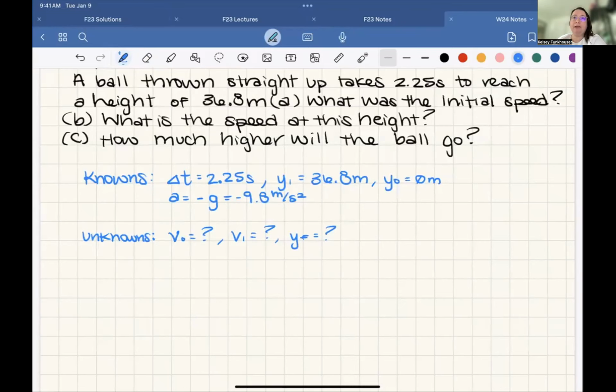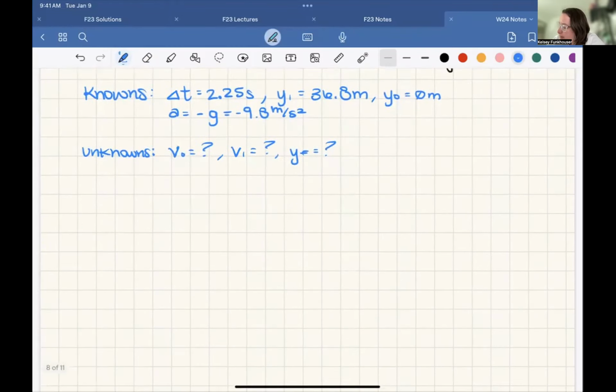Then we can look at our kinematics equations again. So let's write those down. We have V final equals V initial plus acceleration times the time interval. Then we have the long kinematics equation.